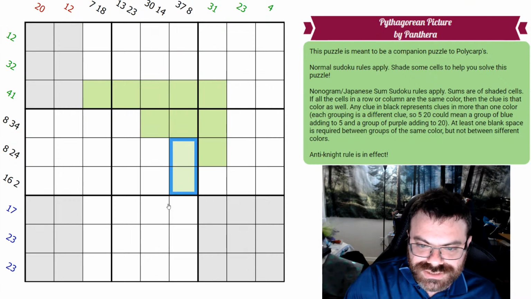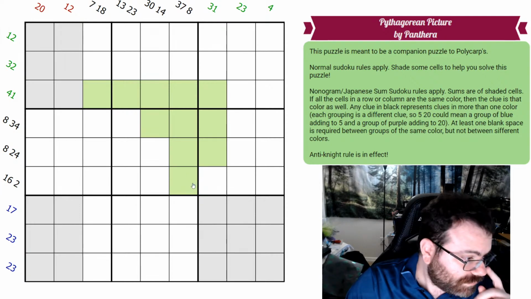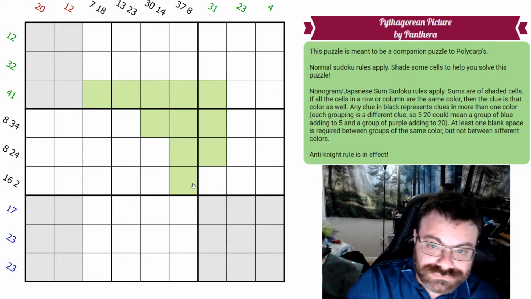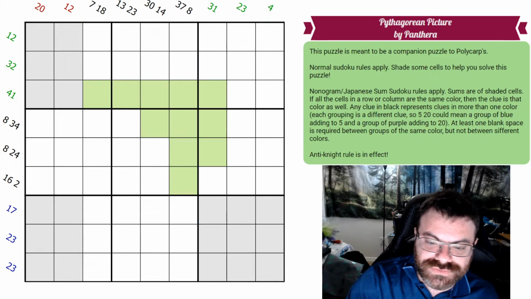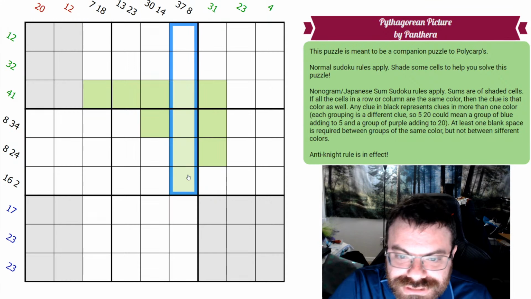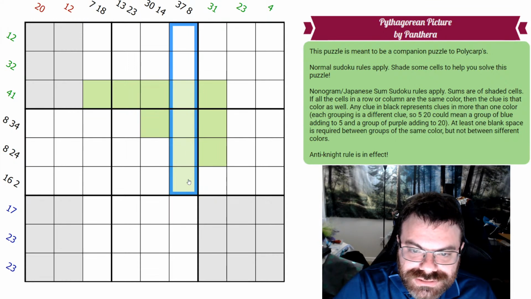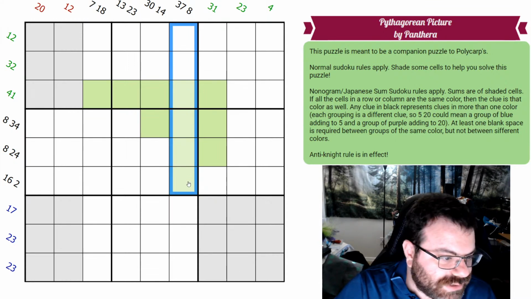So we're taking at least these two. Wait, 37 comes from the top. Hold on. I think I did that right then, even though I did it wrong, but then I did it right. So it at least comes down to here, 6 long.